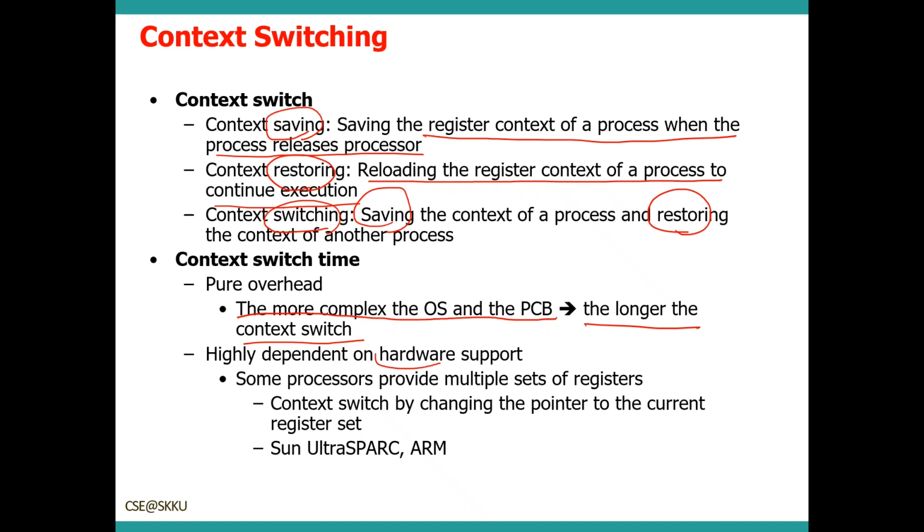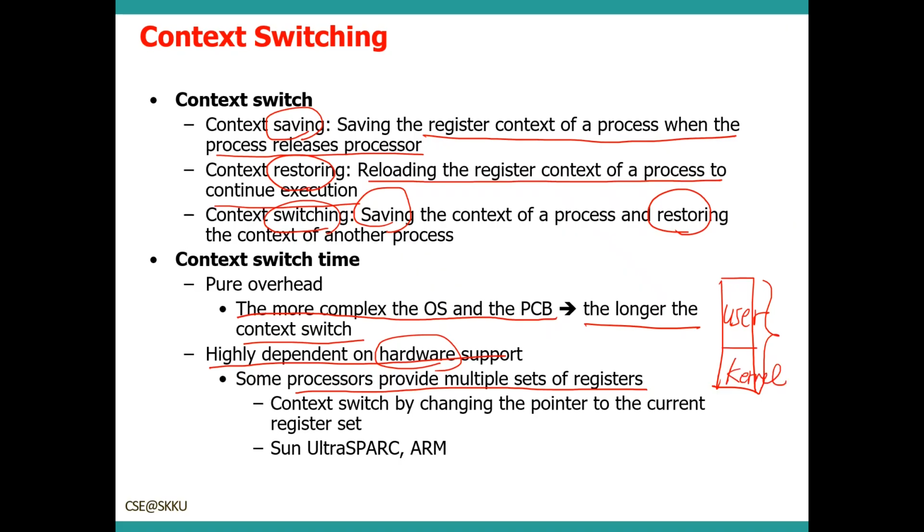Some hardware supports fast context switching, so each context switching time is highly dependent on hardware support. For example, some processors provide multiple sets of registers. For example, if it has several registers, some are used for user programs, and others are used for the kernel.